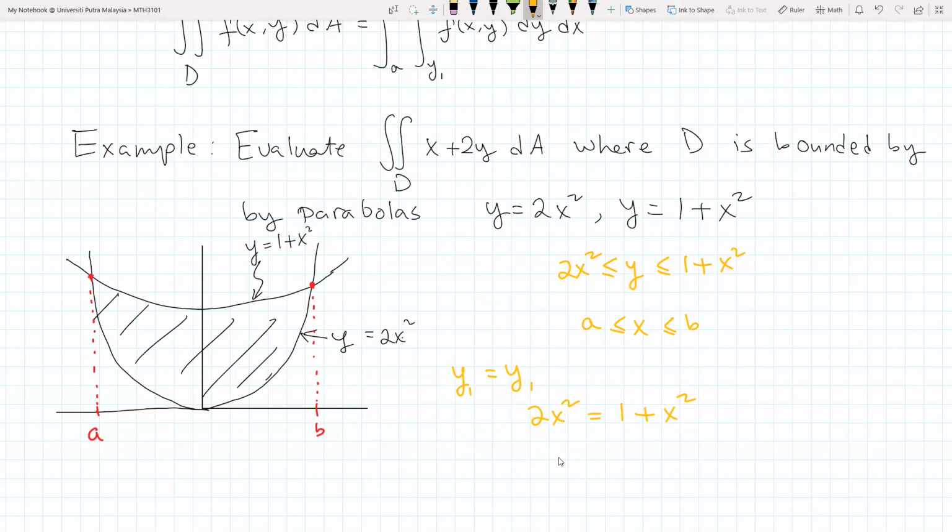Okay, so maksudnya apa? X squared minus 1 equals to 0. So therefore, X is plus minus 1. Okay, so maksudnya automatically X is bounded by minus 1 and then positive 1. So kita dah tahu dia punya boundaries.